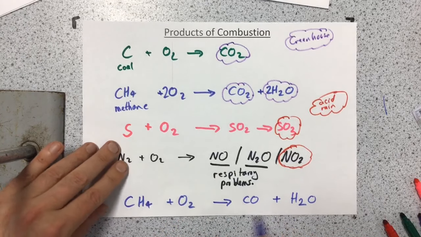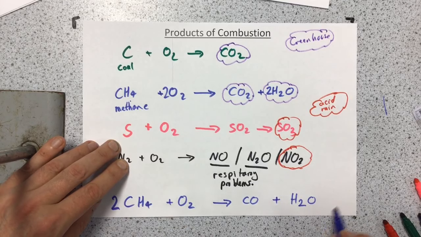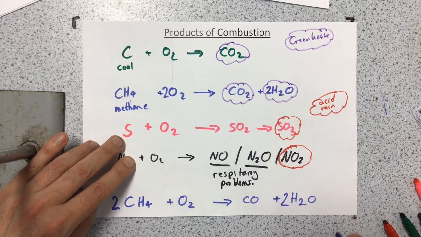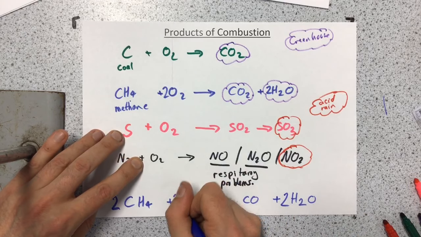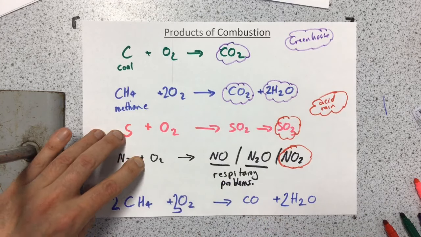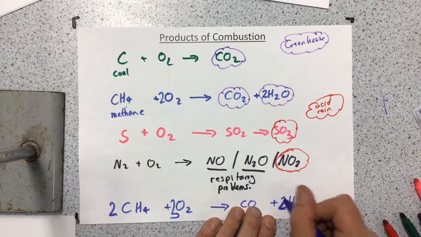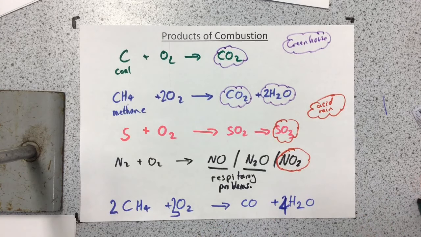Okay? All right, I think, if I get this right, we'll get a balanced equation. There's something like that. Okay? I think that's right. Might be wrong. So carbon monoxide. Okay, Mr. Addy will correct me if I've got that one wrong.